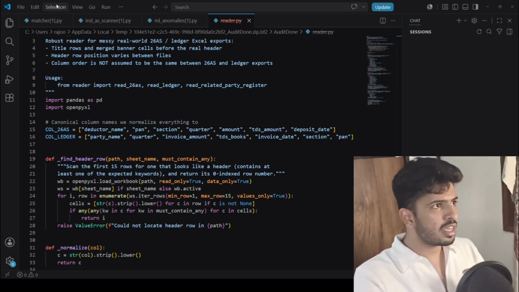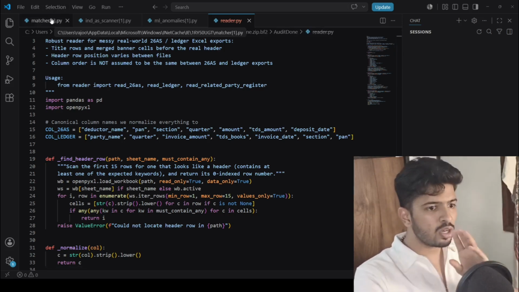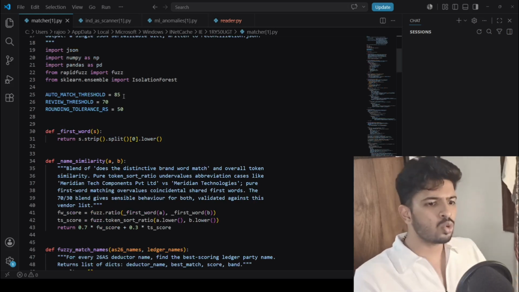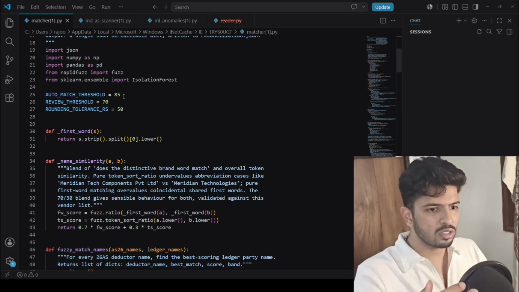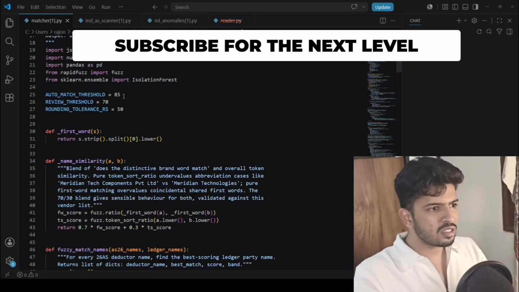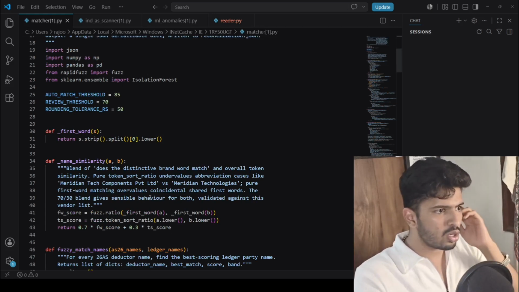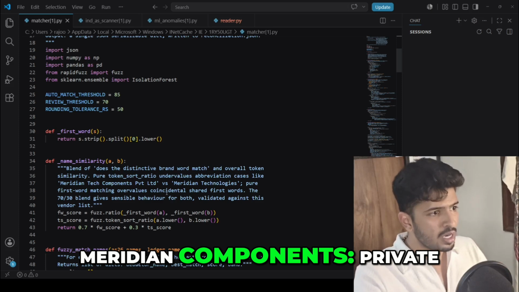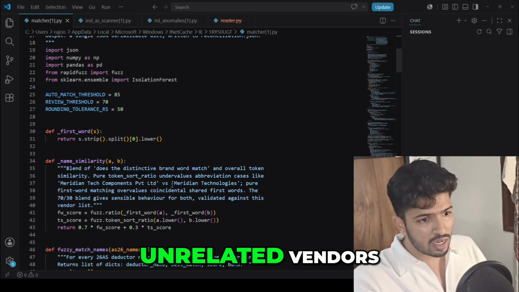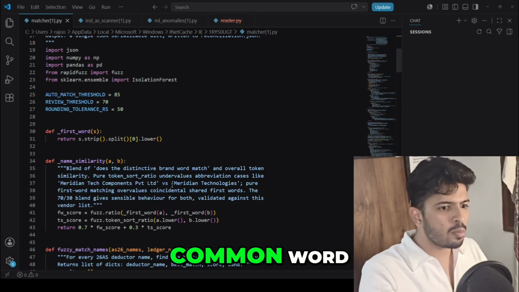In addition to this reader, as I already mentioned, it works with something called the matcher. Party names are scored 0 to 100 from 2 signals: the first word match and token order match. That's how it catches the variance between Meridian Technologies and Meridian Components Private Limited. But wherever there's a word match, it can be 2 unrelated vendors that share a common word.